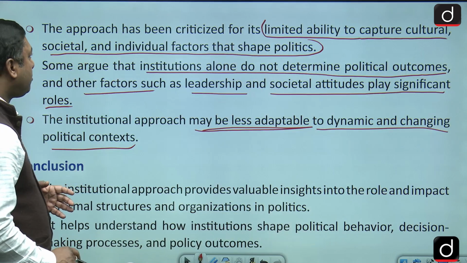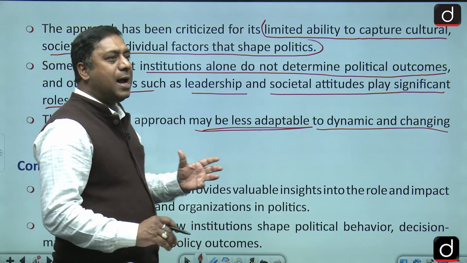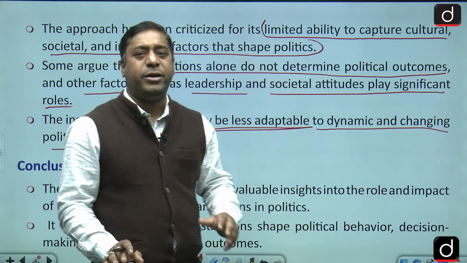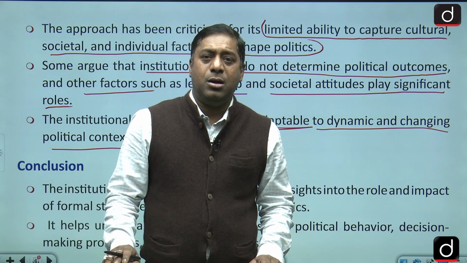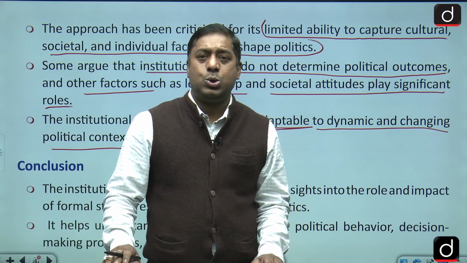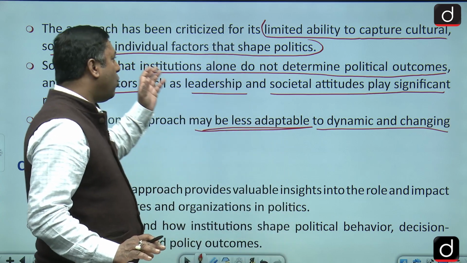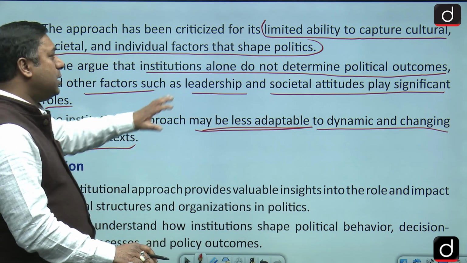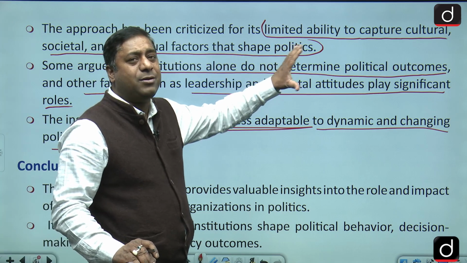Third, it had limited ability to capture cultural, individual, and societal factors that are also important to shape politics. That means it never covered these factors.